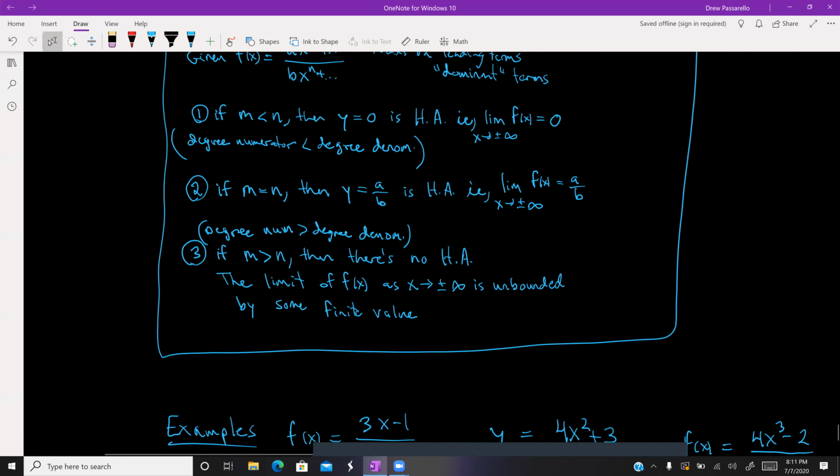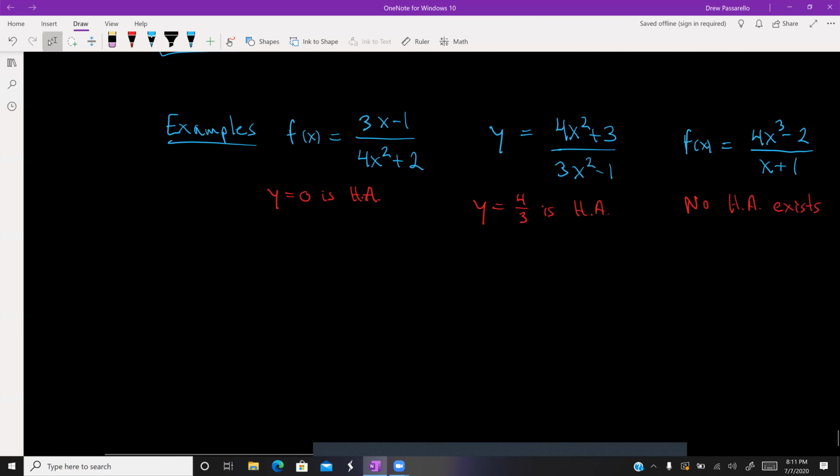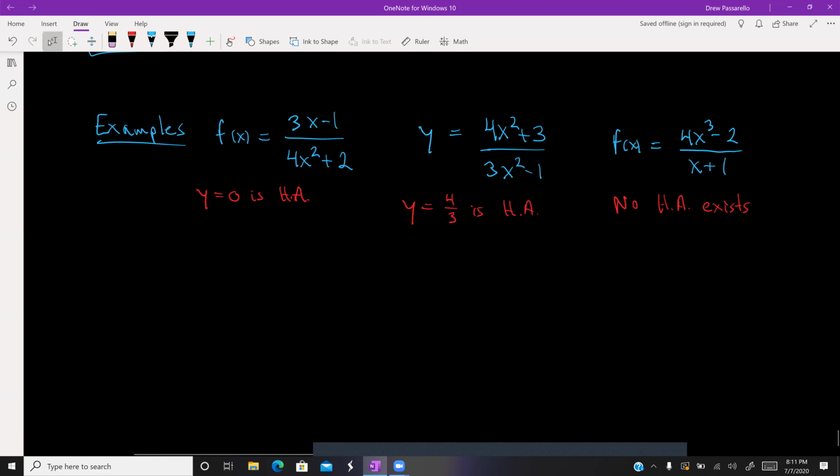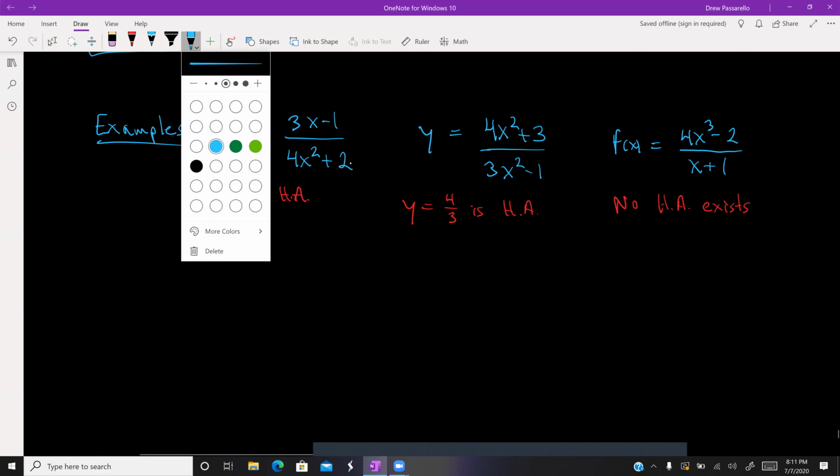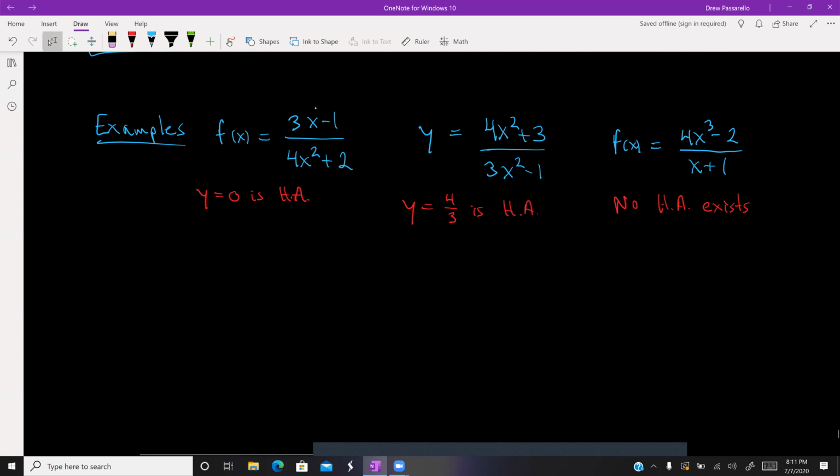Now, just before I end the video, I have some examples of polynomial or rational functions. For the first one, I have f of x equals 3x minus 1 divided by 4x squared plus 2. The degree in the numerator is 1, since 3x has an exponent of 1 on the variable x, and the degree in the denominator is 2.